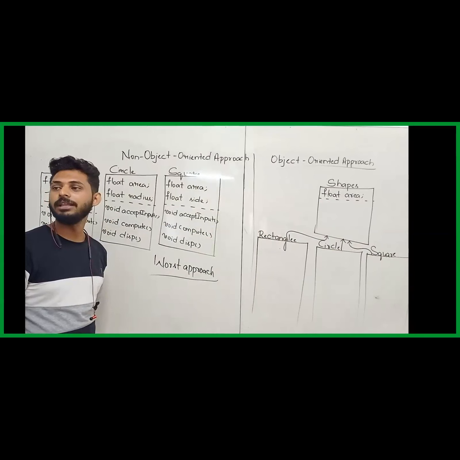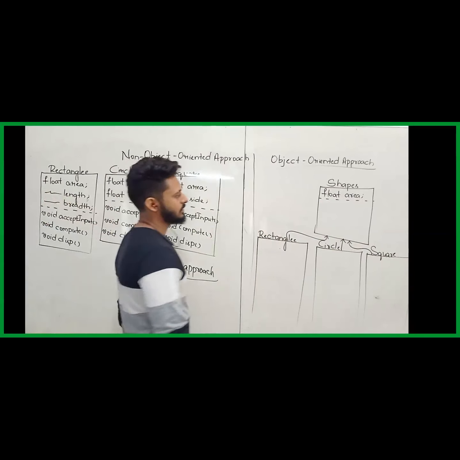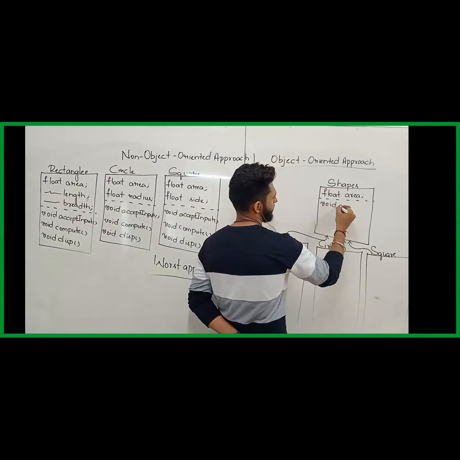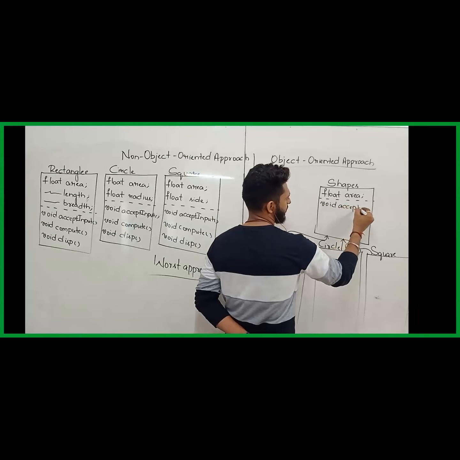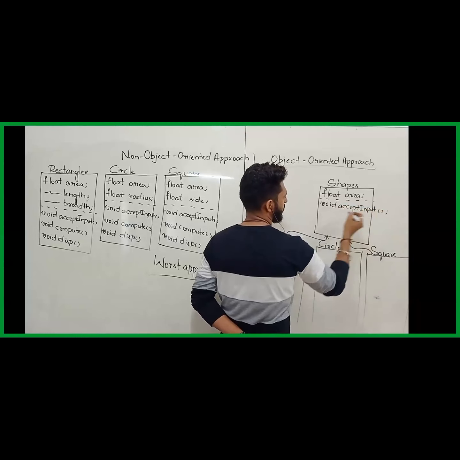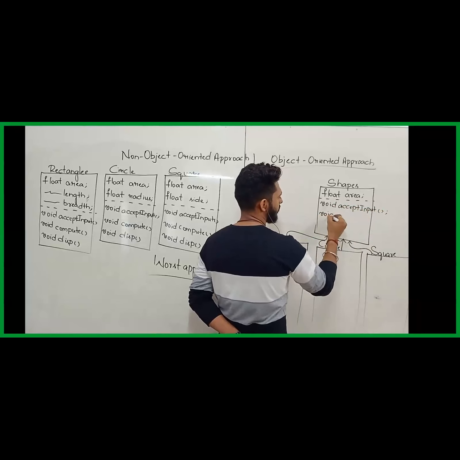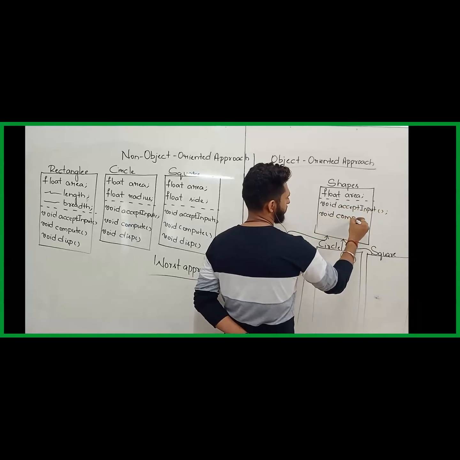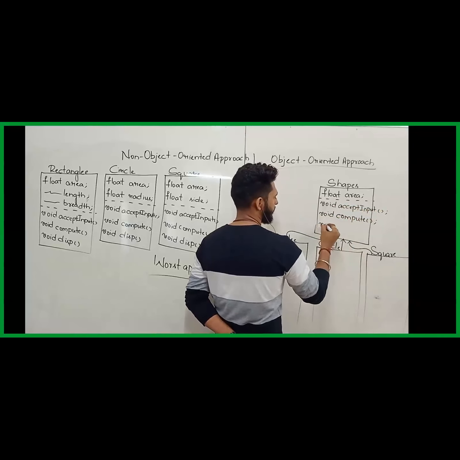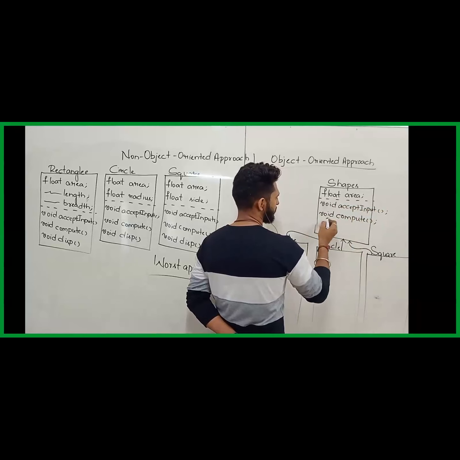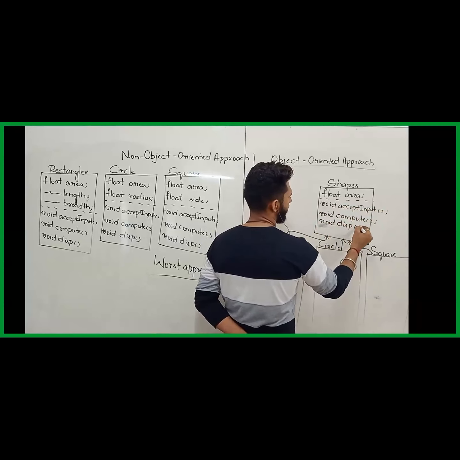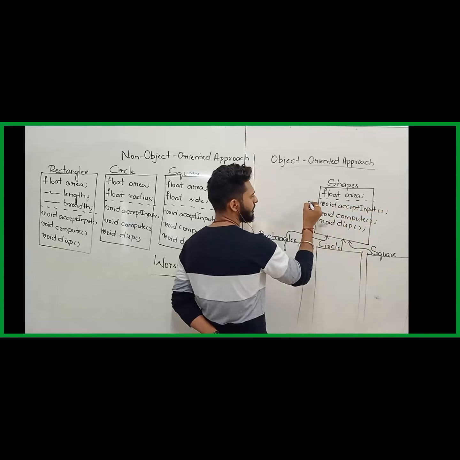Then we should continue with methods. So which are the methods that I have told? Void accept input, I'll say, void compute, I'll say, and then void display, I'll say, and again all these three methods, what should I do?